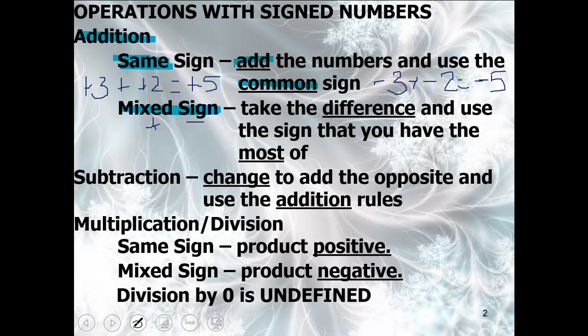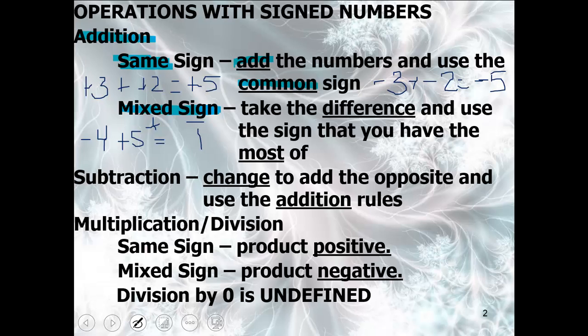If we have a mixed sign, one positive and one negative, you take the difference of the numbers, and then you use the sign that you have the most of. For example, negative 4 plus 5. 4 is negative, 5 is positive. So I take their difference, and I use the sign I have the most of.